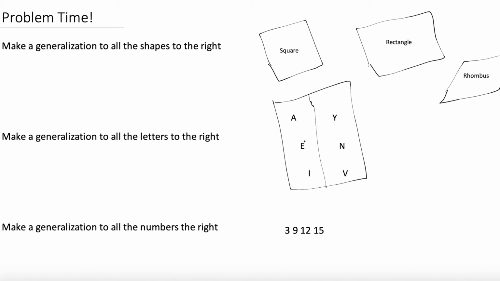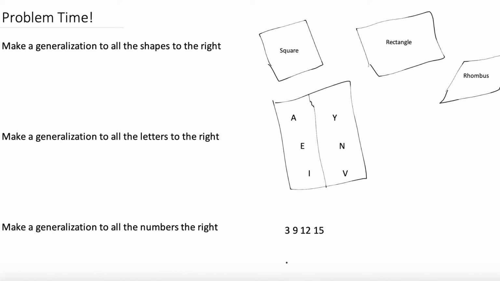We have A, E, I, and Y, and V. If it's not yours, don't worry, test it by yourself. This last one is very small. Make a generalization to all the numbers to the right. So we have 3, 9, 12, and 15. Real quick, let's find out.